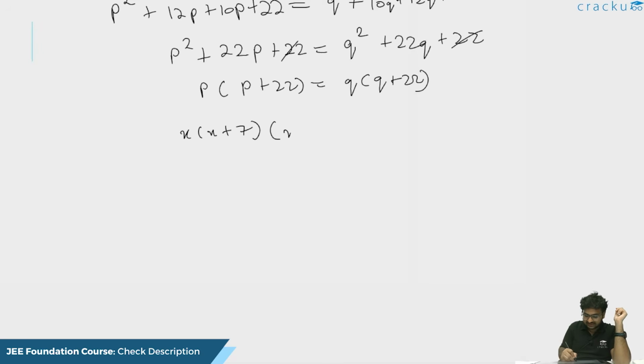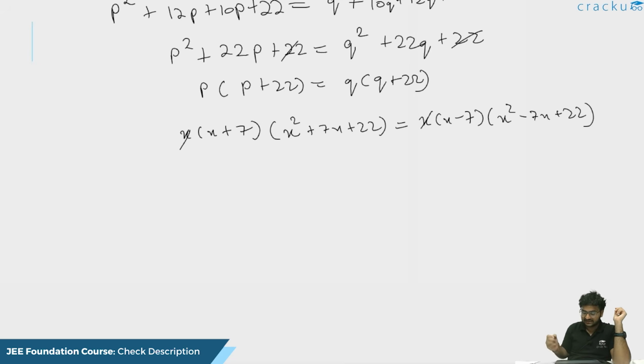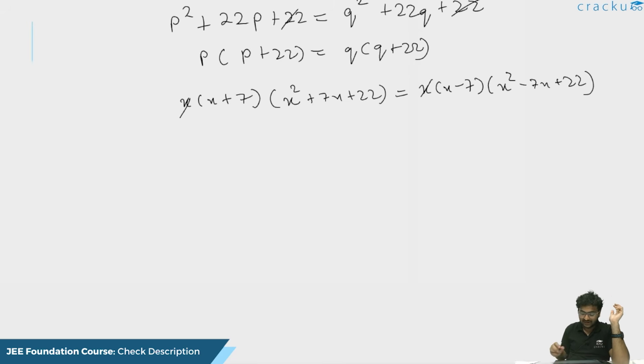This would be as it is x square plus 7x plus 22 equal to what? This would be x into x minus 7 and x square minus 7x plus 22. Okay. So x will get cancelled out, and now we will multiply this x with open all the bracket.